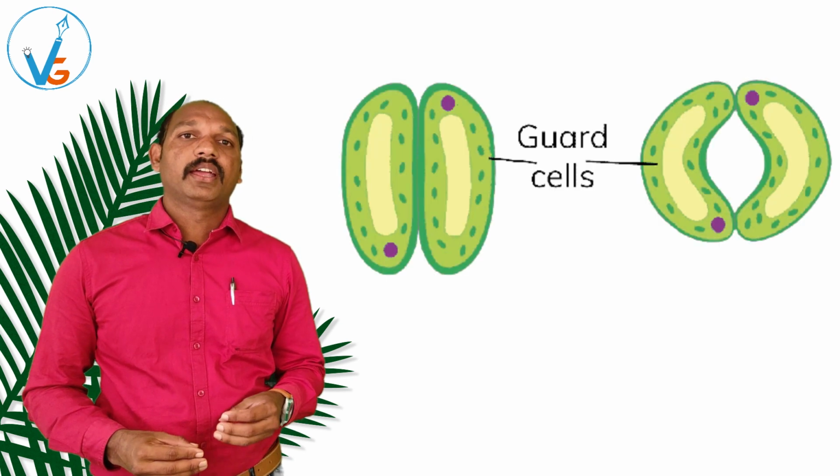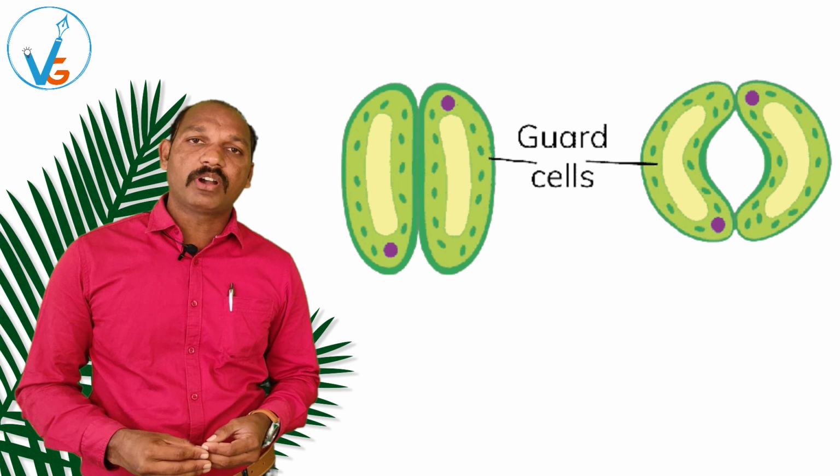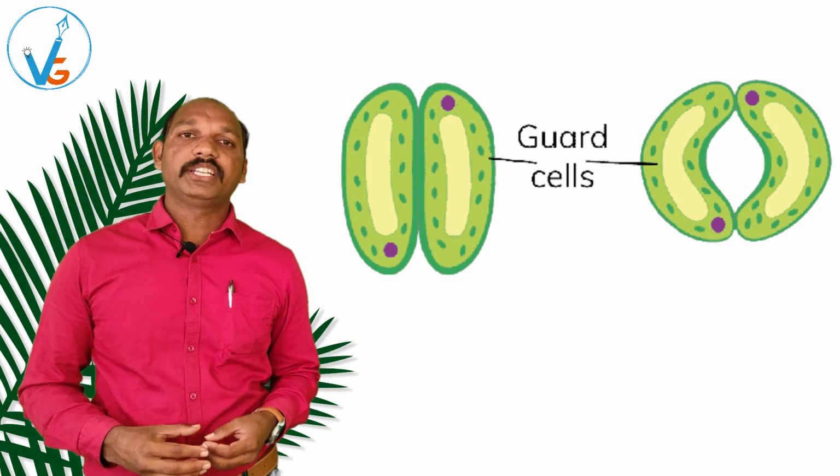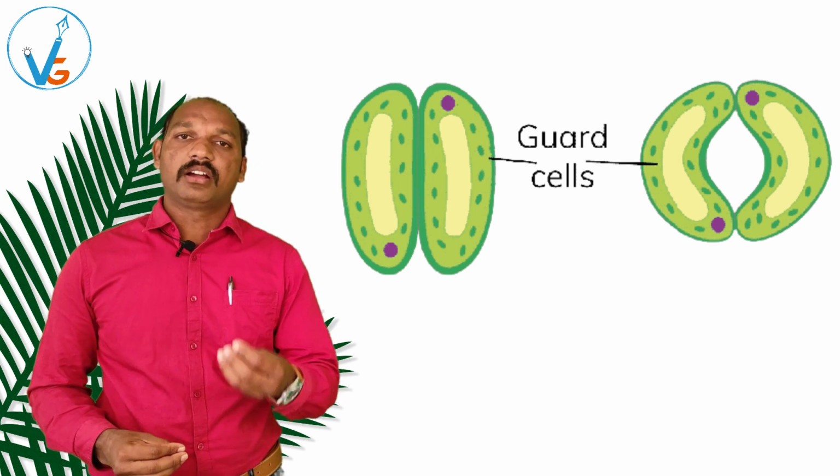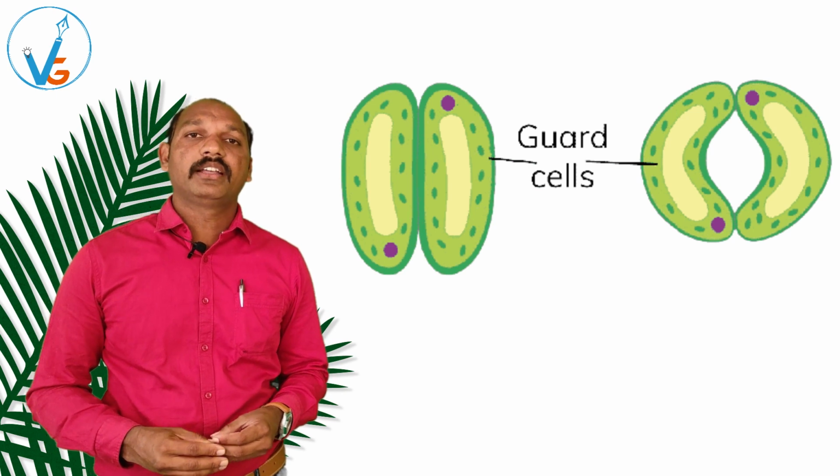If you observe the dermal tissue, it has small openings known as stomata, and each stomata is covered by 2 kidney shaped cells, those are guard cells. And this dermal tissue contains in the roots a hair-like structure, known as root hairs.